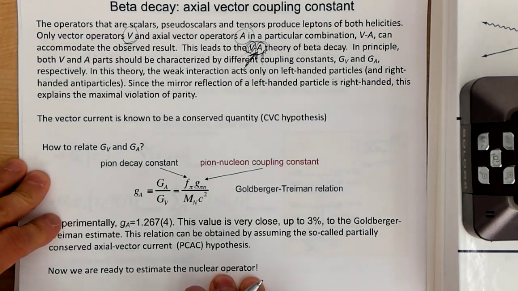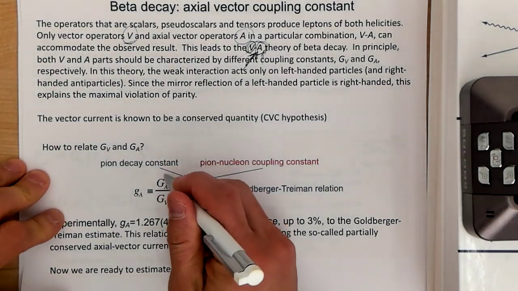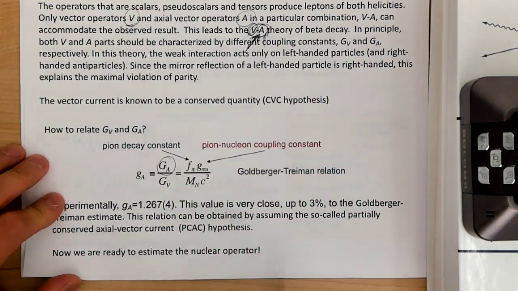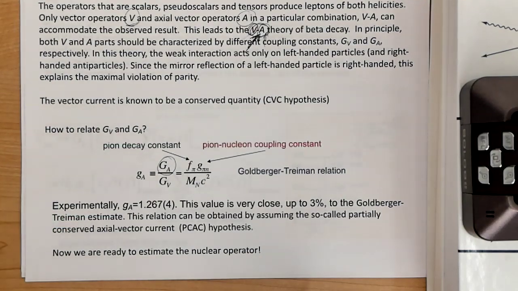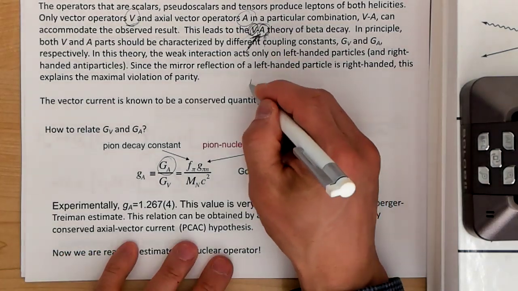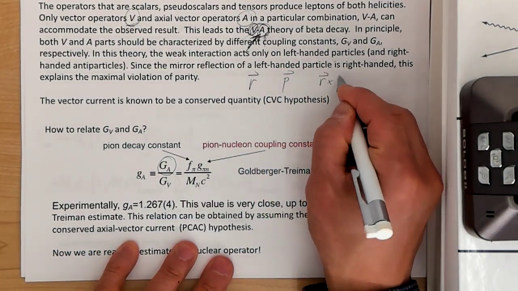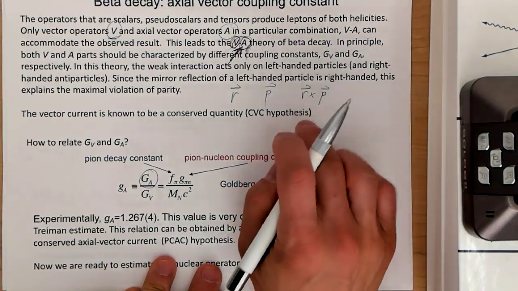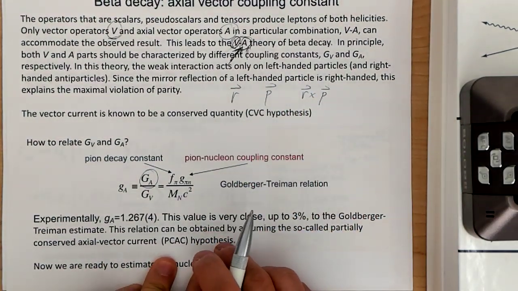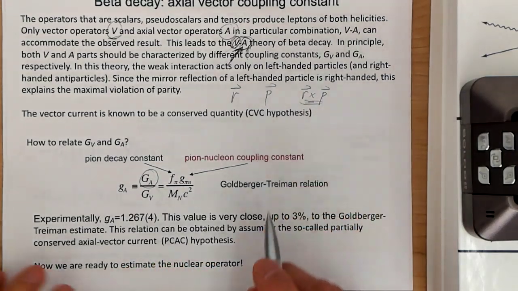Okay? So anyways, we can talk about the coupling of the axial vector. Remember, axial vector refers to something like angular momentum, right? So r is a vector, p is a vector, but when we do r cross p, we get another thing that looks like a vector, but has the funny properties under parity. So that's what we think of as an axial vector.